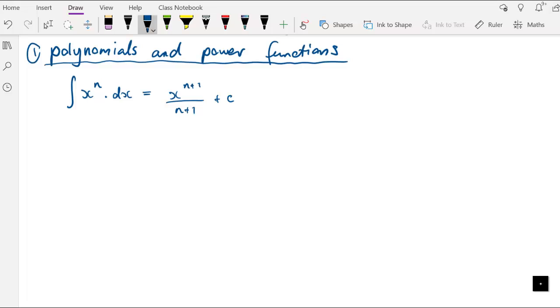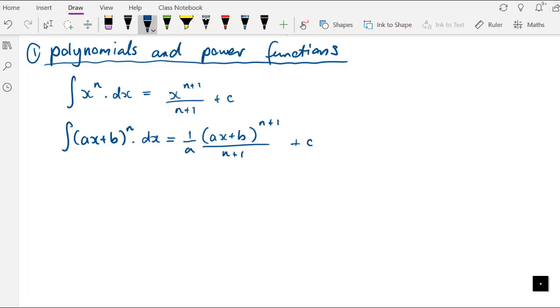That's our general rule. If we look at it in the form ax plus b to the power of n, where this is linear and the derivative is a constant, then we can still integrate this in the same way. The only difference is it will be 1 on a, times ax plus b to the power of n plus 1 over n plus 1, and then plus c.